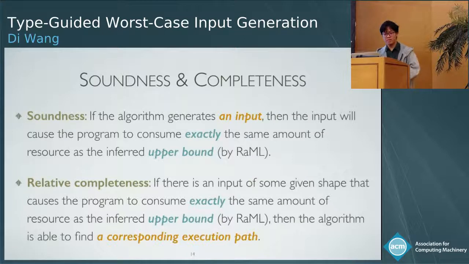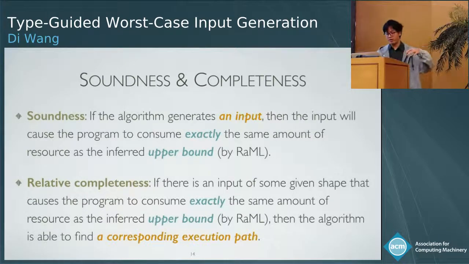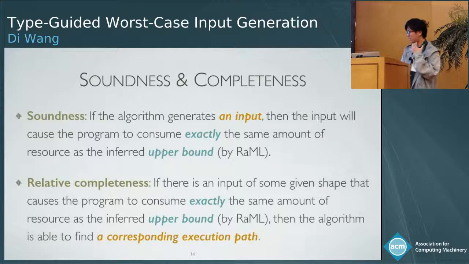If the logic for path constraints is decidable and our algorithm cannot find a worst-case input for a given shape, it tells us the upper bound derived by resource-aware ML is not tight. So we hope that we can feed this information back into the resource analysis to improve the result of resource bound inference.